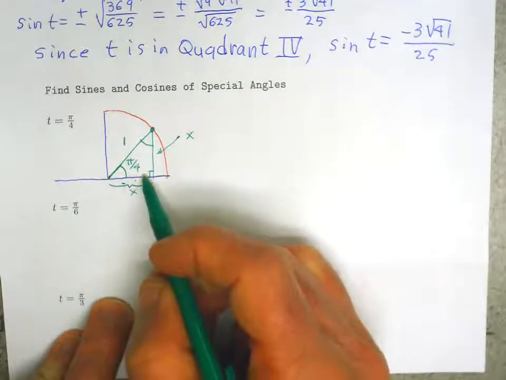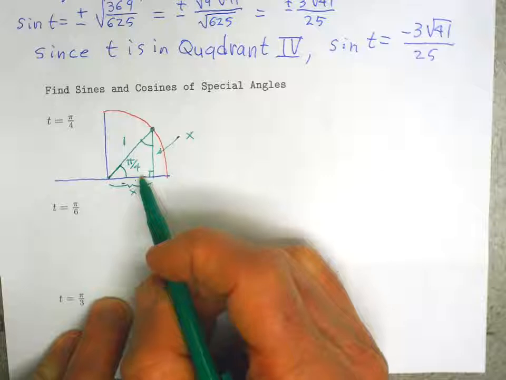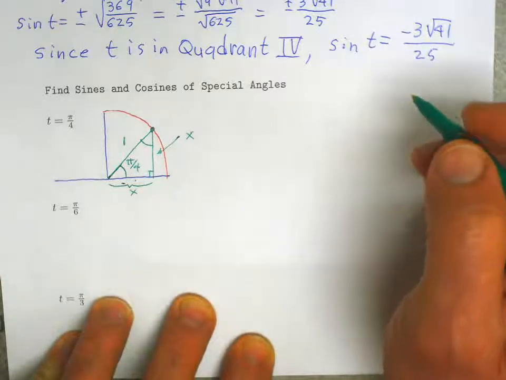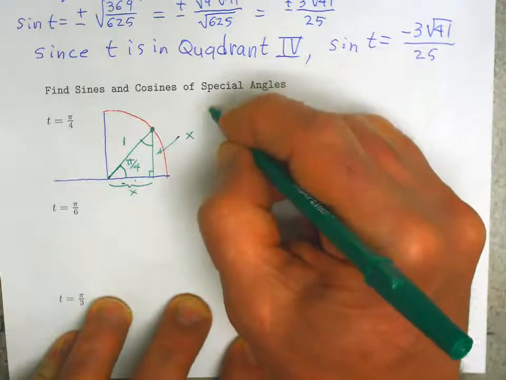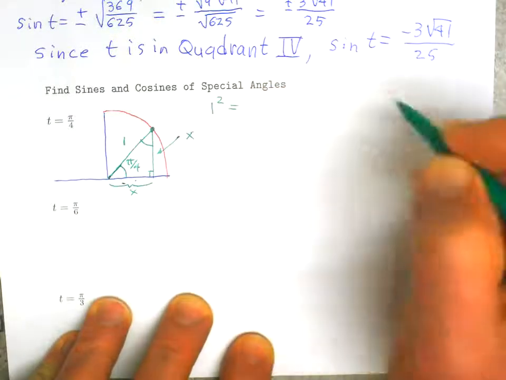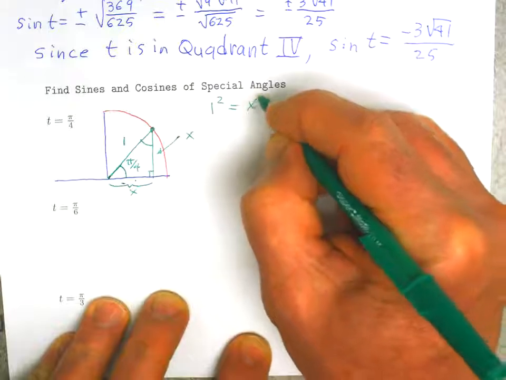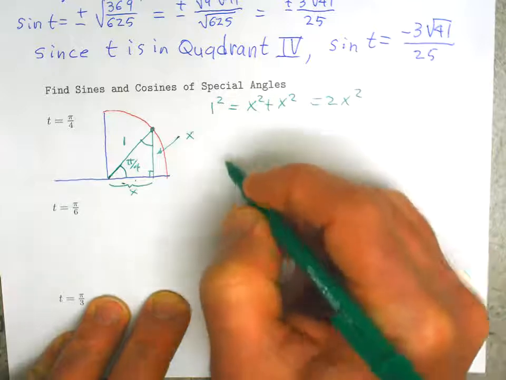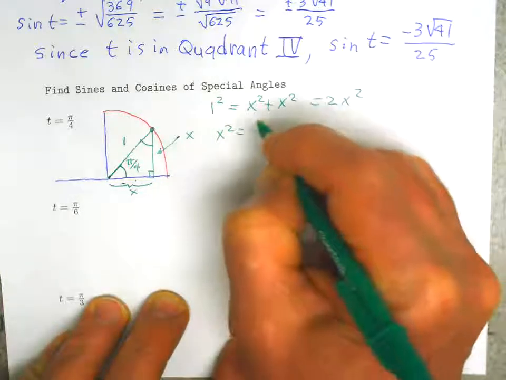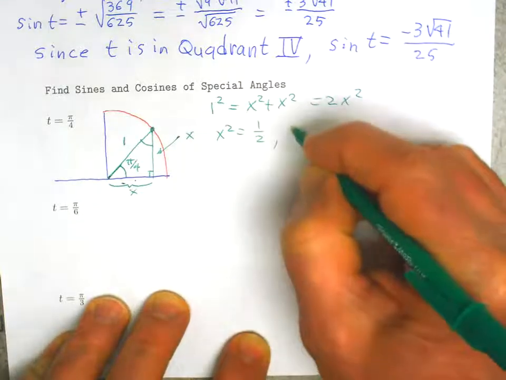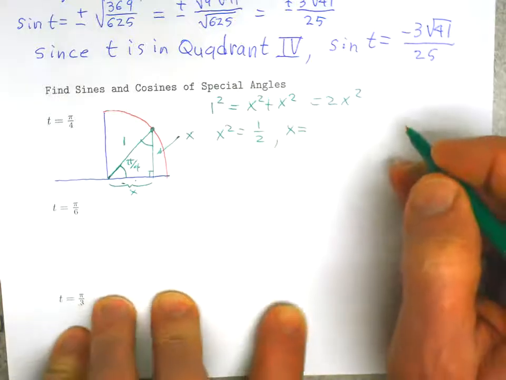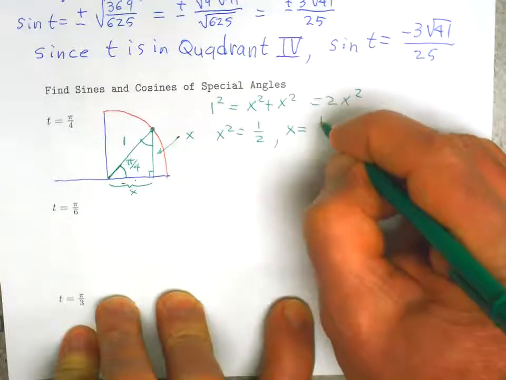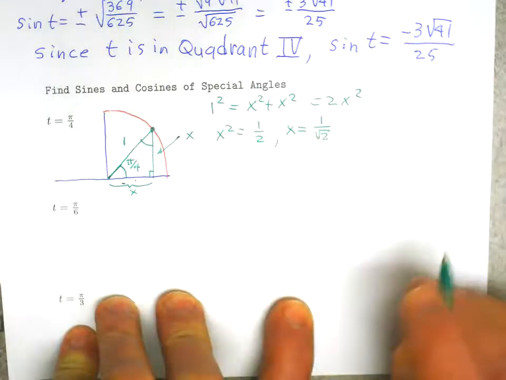So we use the Pythagorean theorem on this right triangle to solve for x. We get 1 squared equals x squared plus x squared, which is 2x squared, or x squared equals 1/2. And so in the first quadrant, x equals positive 1 over the square root of 2.